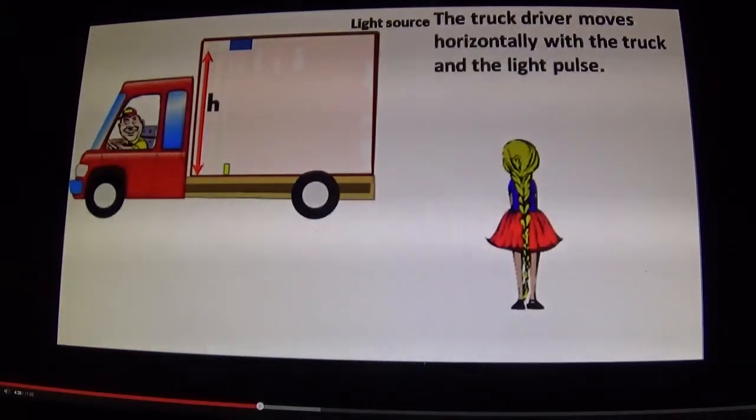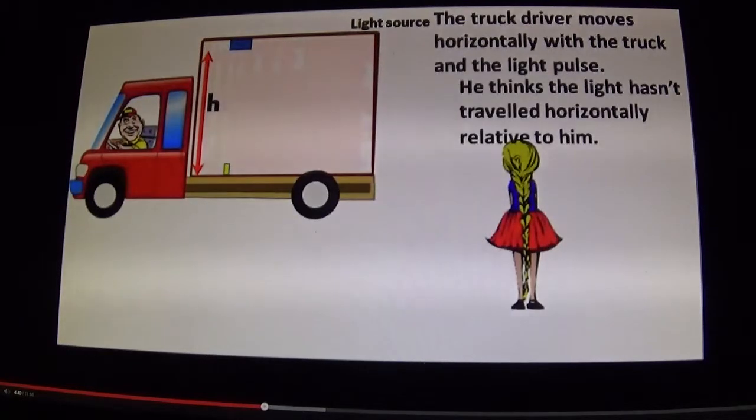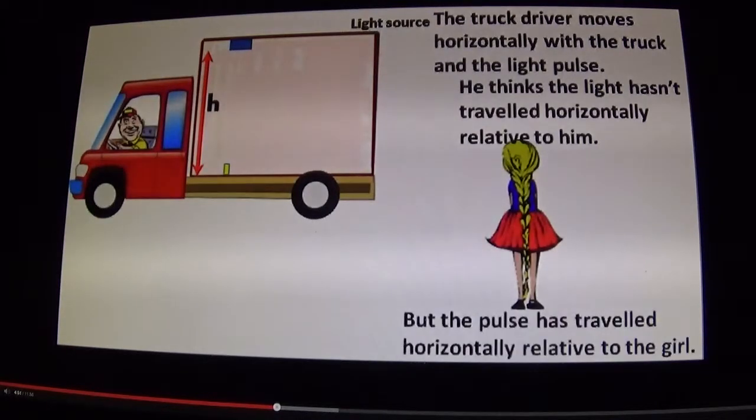Now the truck driver moves horizontally with the truck and with the light pulse. He thinks the light hasn't travelled horizontally relative to him. He only sees pure vertical motion by the light pulse. But the pulse has travelled horizontally relative to the girl.